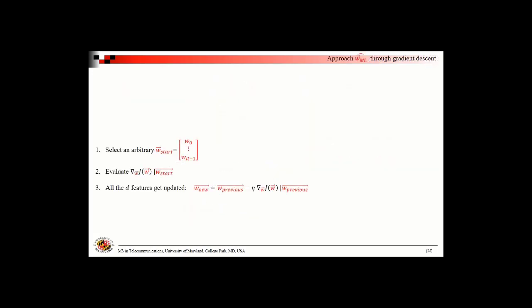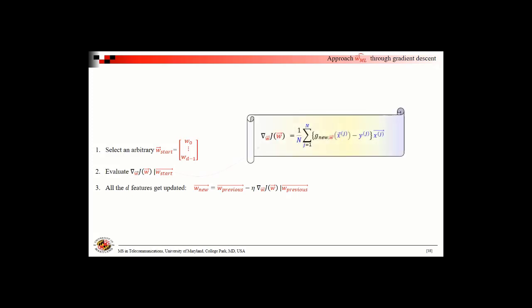Good news! We've finished deriving gradient descent for logistic regression. Step 1, we start off with an arbitrary w coefficient vector. Step 2, we evaluate the gradient at that first w. And we have an expression for the gradient. What is the gradient?